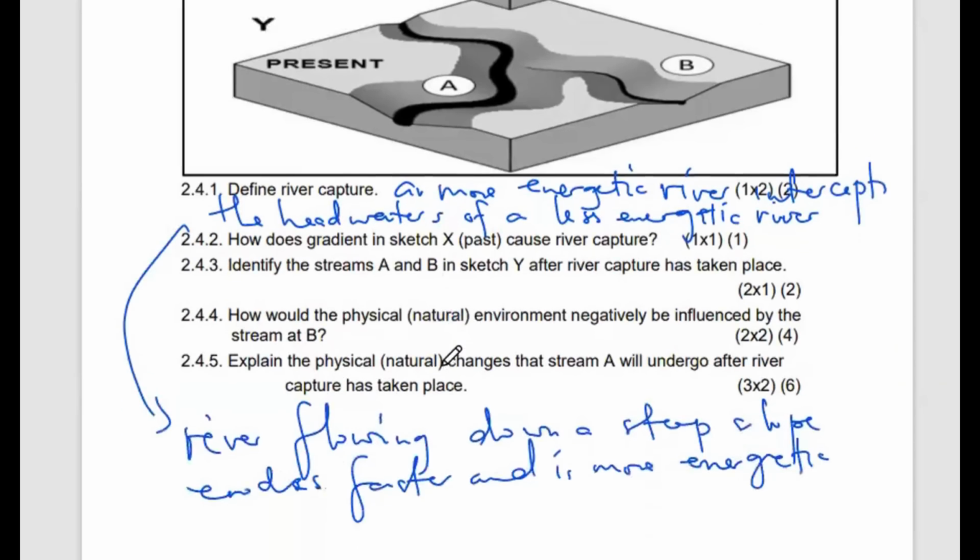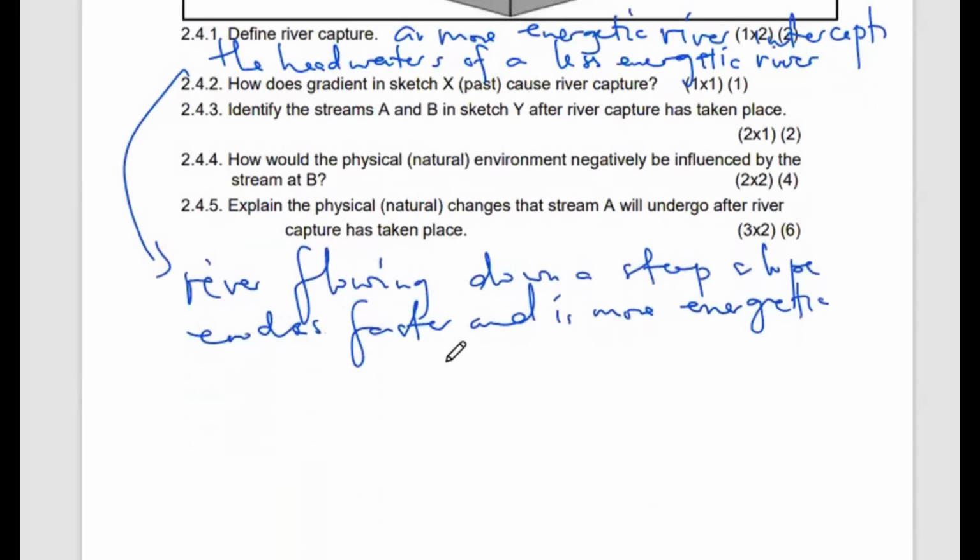So that is how gradient influences. If there's a steep slope on the side of the watershed, that river becomes more energetic and it has high erosive power, and ultimately it is going to erode through the watershed until it reaches the less energetic river, and it will be able to intercept the headwaters of the less energetic river.